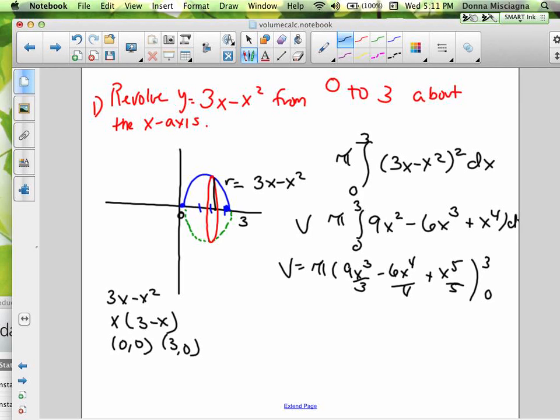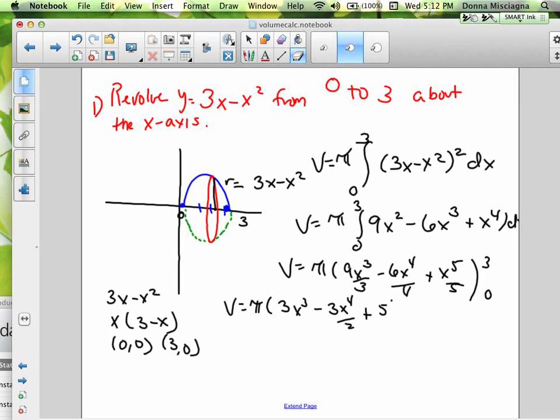So V equals pi times 3x cubed minus 3x to the 4th divided by 2 plus x to the 5th divided by 5, from 0 to 3.